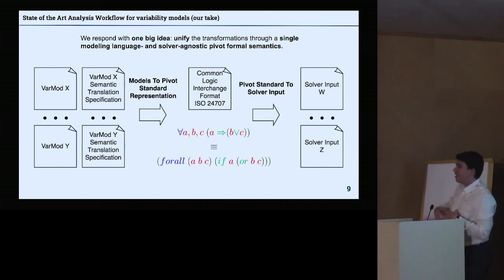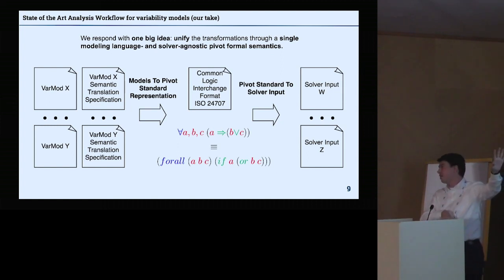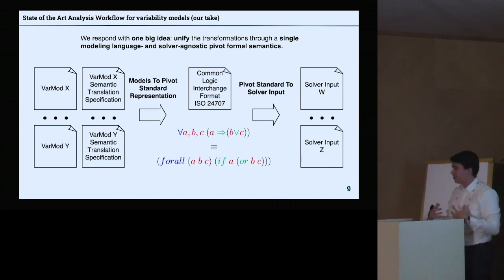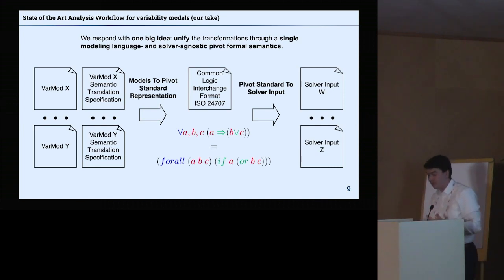We're going to say how we want to depict the semantics of these models. They will be translated into what we call a pivot intermediate representation. Think of the intermediate code in a compiler before it goes to the back end. In this case, we use something called CLIF, which for our purposes right now is just a way of encoding formal logic in a Lisp-like syntax. And from that, it turns out we can actually pivot to any solver input that we want. This is the fundamental idea that motivates our architecture. And this is the idea we came up with in the article.